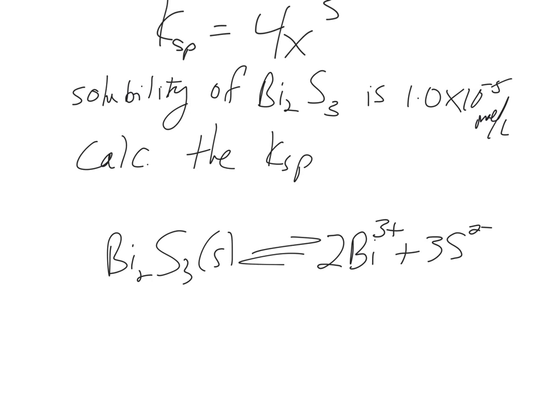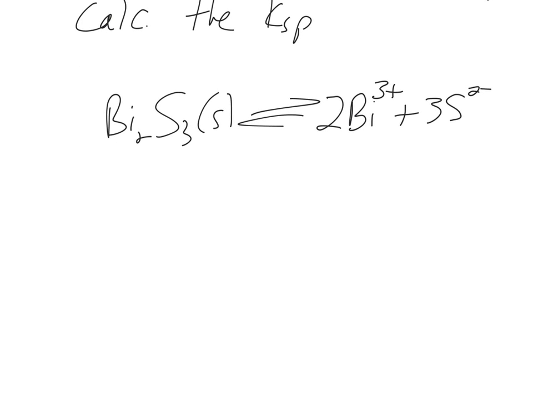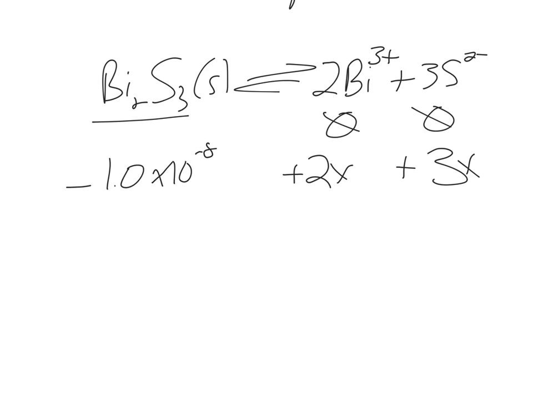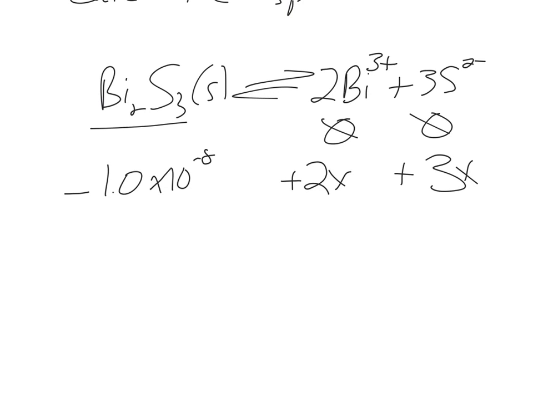And then the regular old ICE table. So you lose this little tiny bit. We lost that because that's x. And we got our plus 2x here and our plus 3x here. And then as usual, I'll just keep that up there. We have our Ksp.